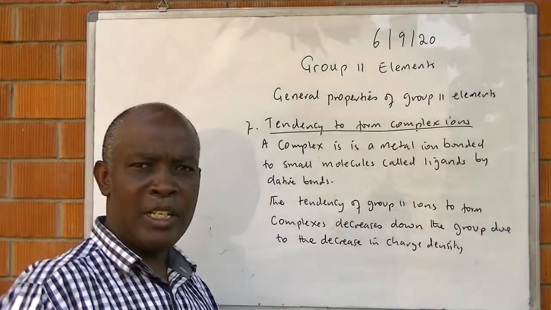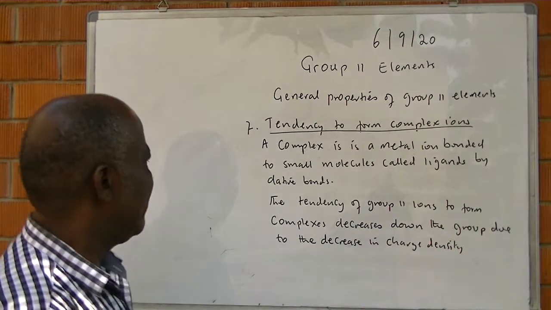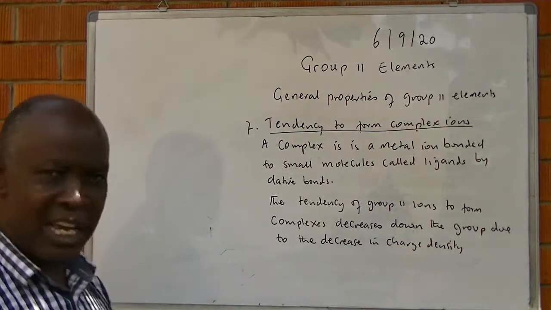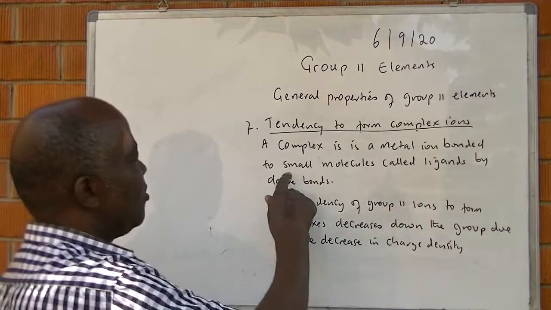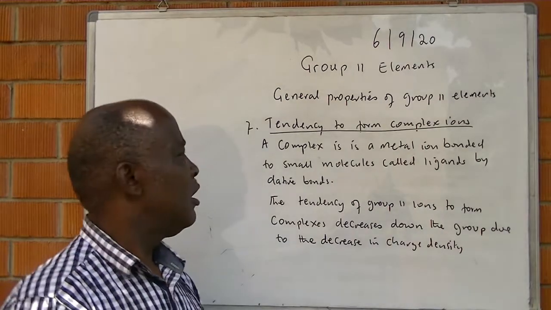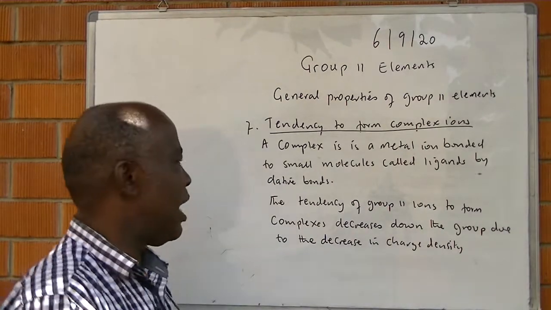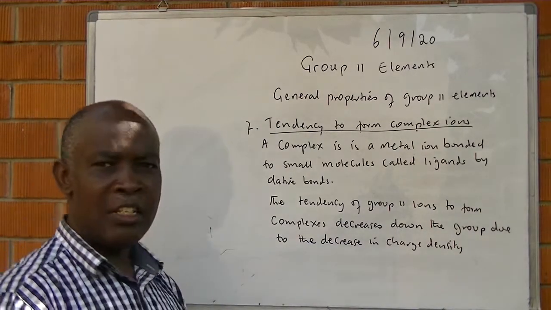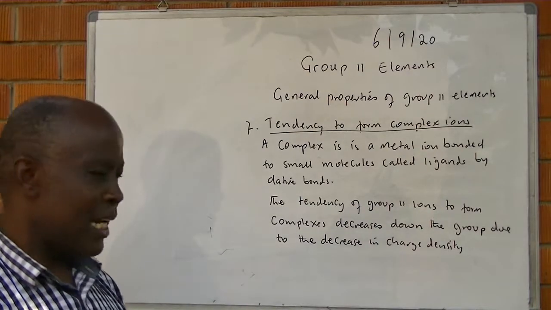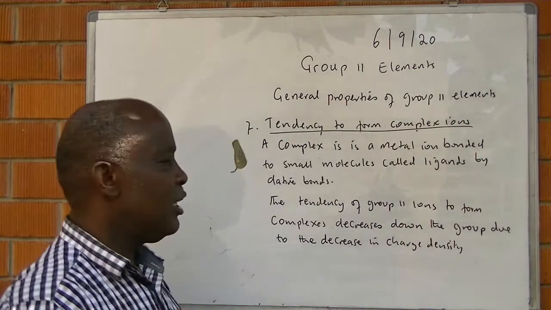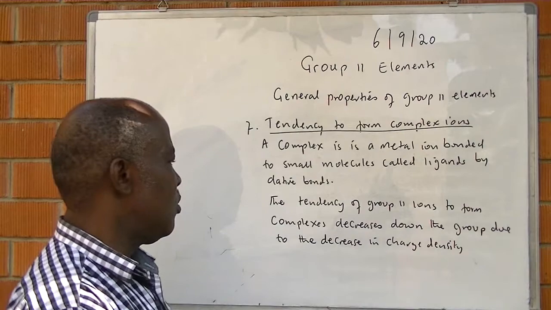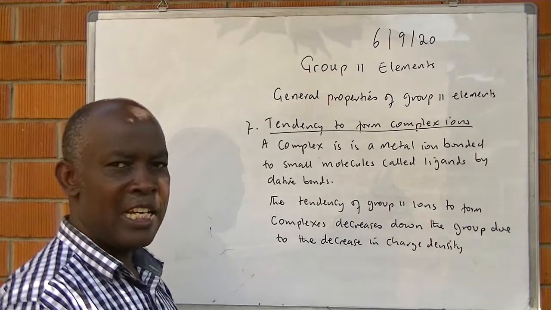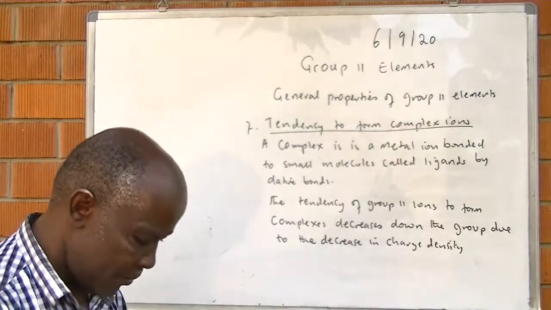Tendency to form complex ions. A complex ion is a metal ion bonded to small molecules called ligands by dative bonds. The tendency of group 2 ions to form complexes decreases down the group due to decrease in the charge density.